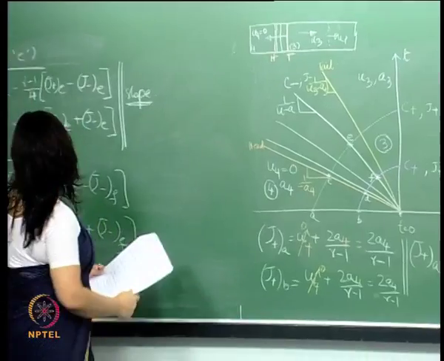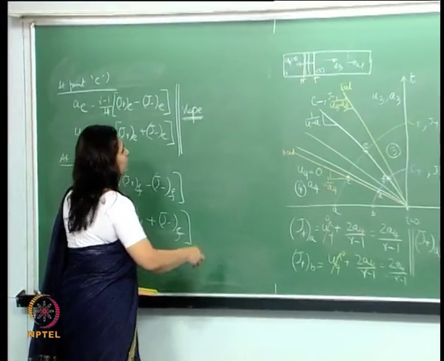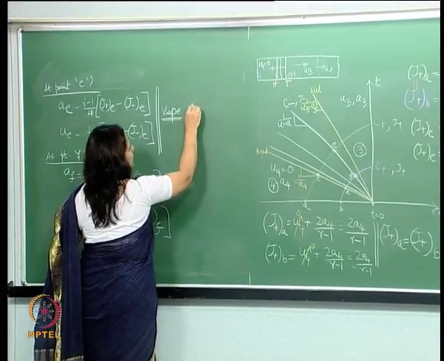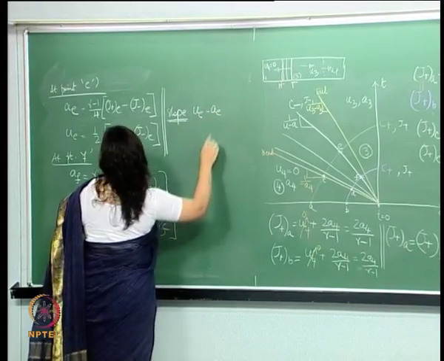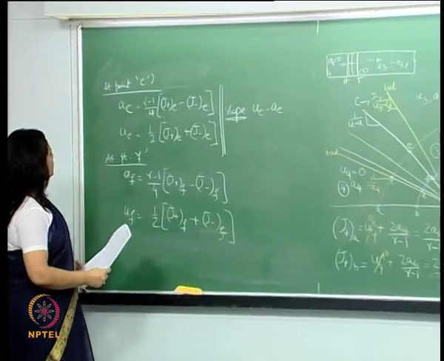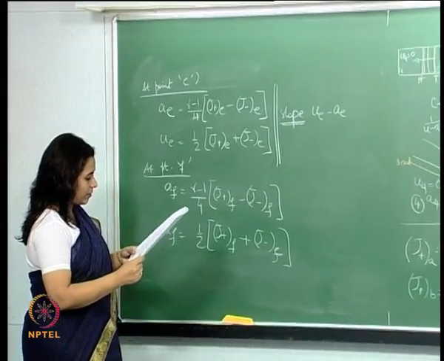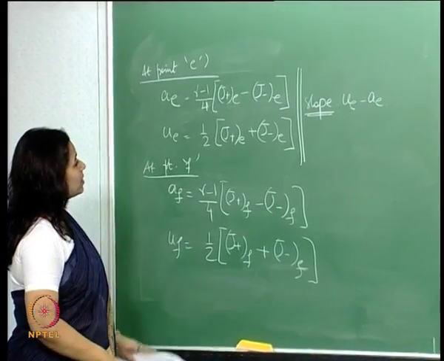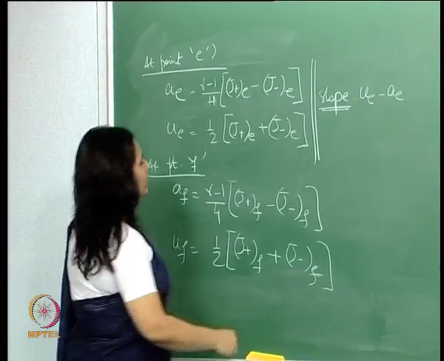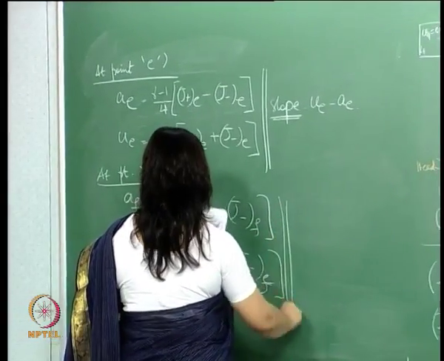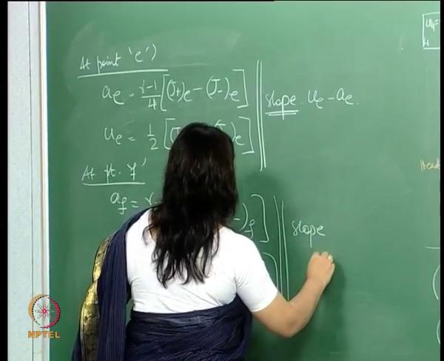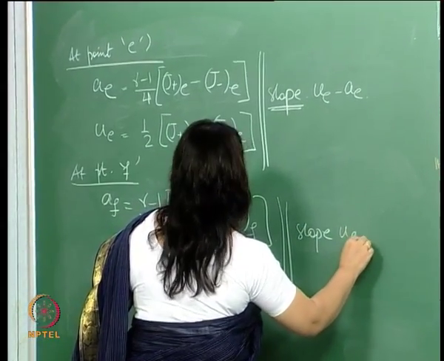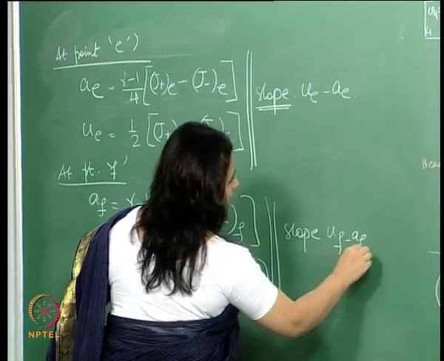U minus A. So I can write that the slope here is UE minus AE, and similarly here, you see what I am doing? Then the slope is UF minus AF.